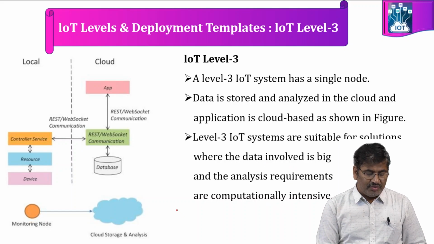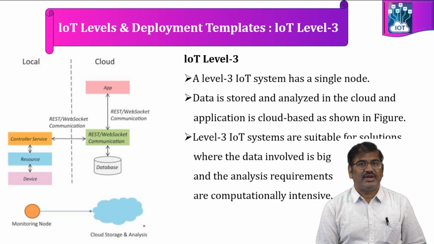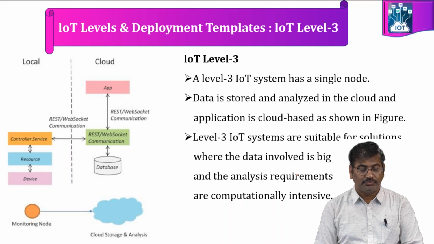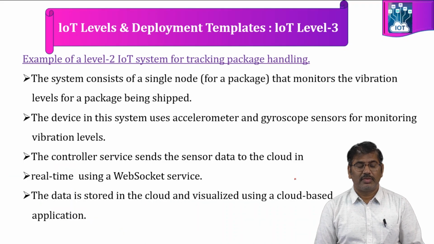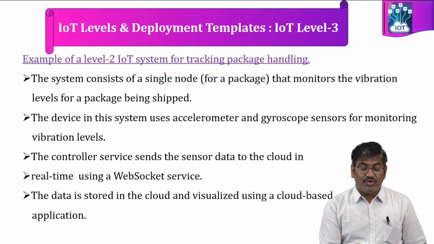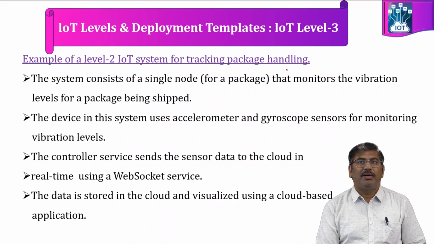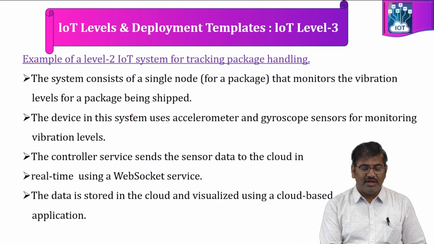Here also the monitoring will be there for the cloud-based storage as well as analysis. So, an example of a level 3 IoT system is tracking package handling. The system consists of a single node per package that monitors the vibration levels for a package being shipped.